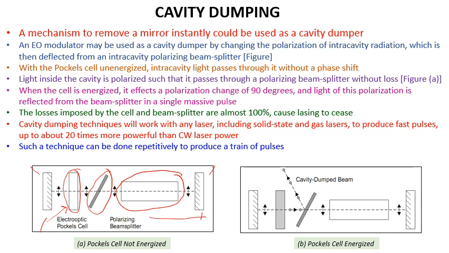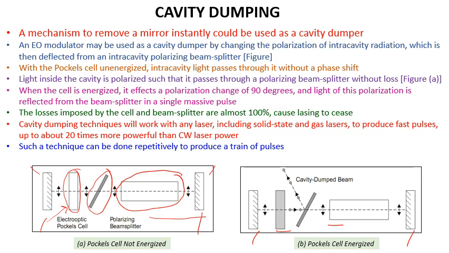Both are fully reflecting mirrors, and the light is deflected from the beam splitter which we are using inside the cavity, just after the electro-optic Pockels cell or acousto-optic device, but mostly we use the electro-optic device. So this beam splitter comes in between the laser medium and the Pockels cell.